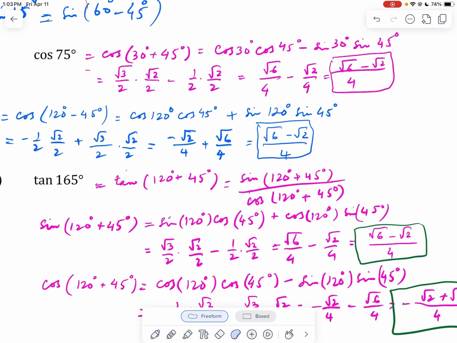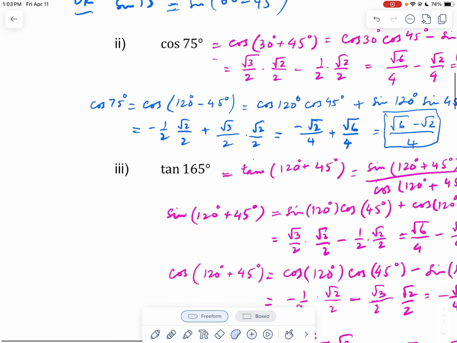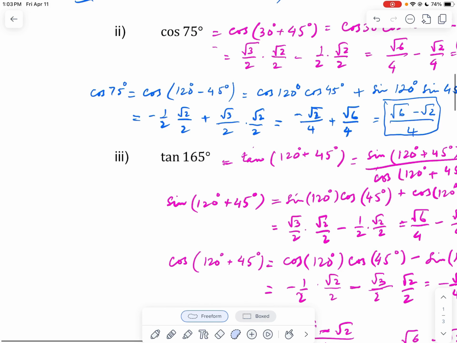First we did it with the sum of 30 and 45, and secondly, in an exam, if you get a question like that, you only have to do it by one method. But I'm just trying to show you that even if you use another form of the expression, you will get the same answer, which you must.